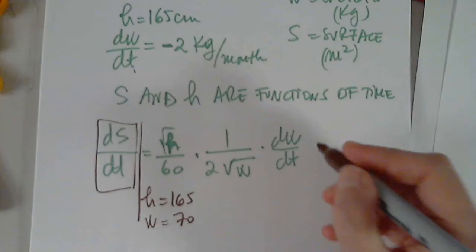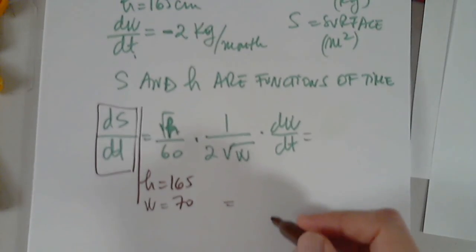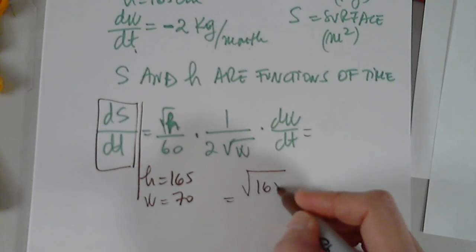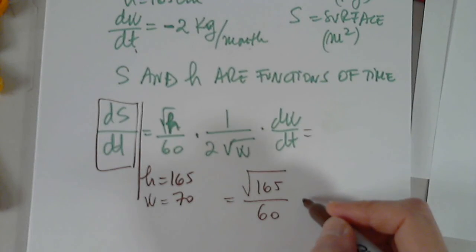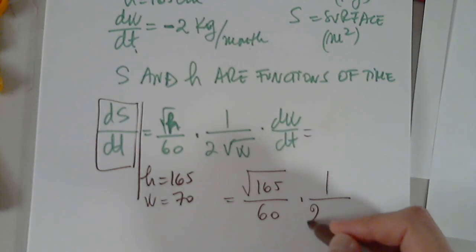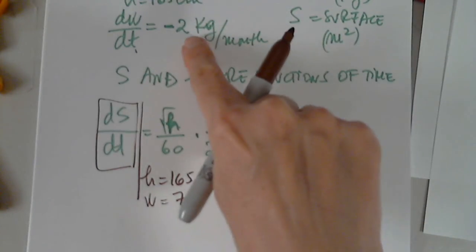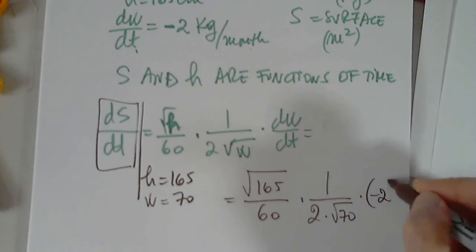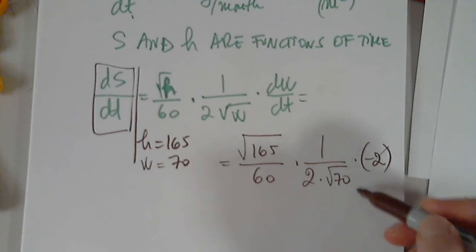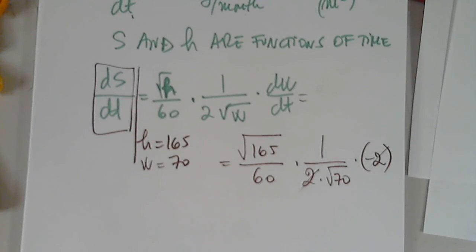I have all the information I need, so I will continue. The square root of 165 divided by 60, multiplied by 1 over 2 the square root of 70, and multiplied by negative 2, which will go away with the 2.